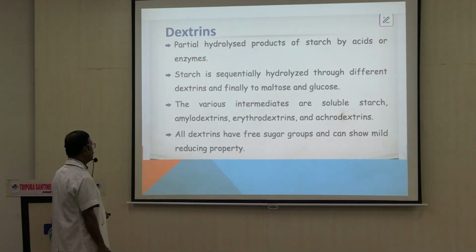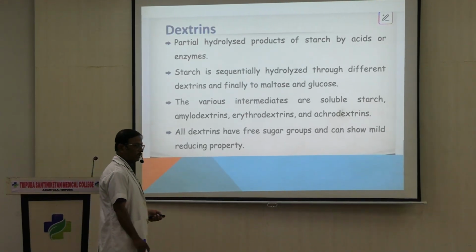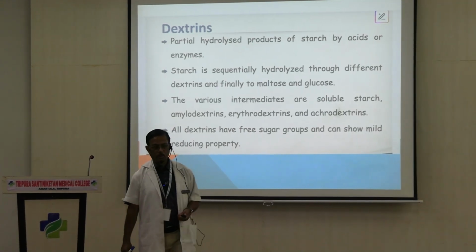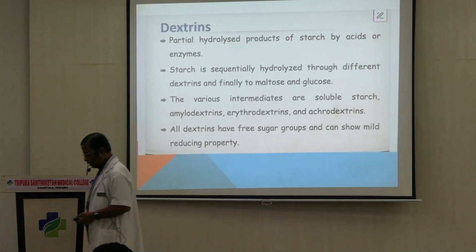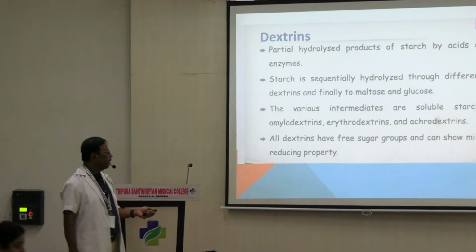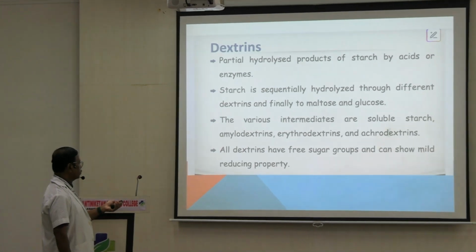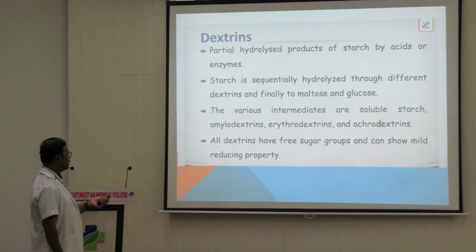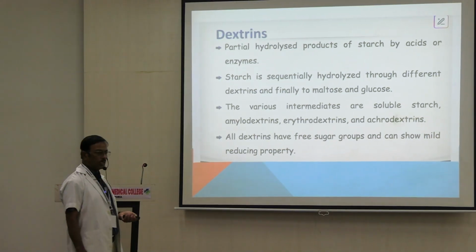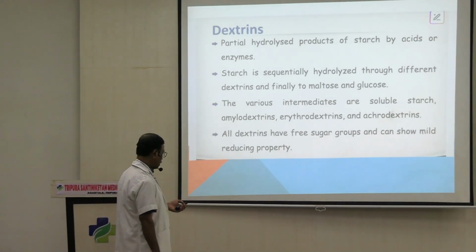Dextrins can show mild reducing property because they are smaller polysaccharides. That's why they are weakly reducing in nature, but not as much as glucose or disaccharides.